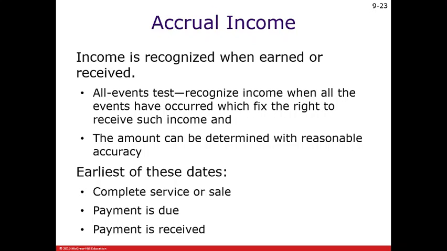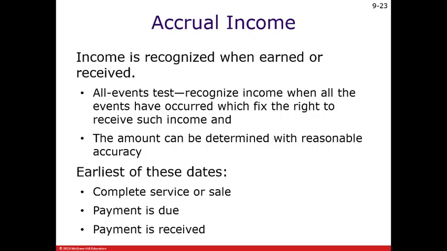The accrual method. You have to recognize income when you meet what's called the all events test for income. And so the all events test is a two-pronged approach, although that second prong, no, the first prong is three-dimensional.